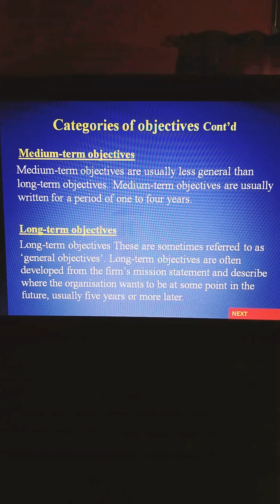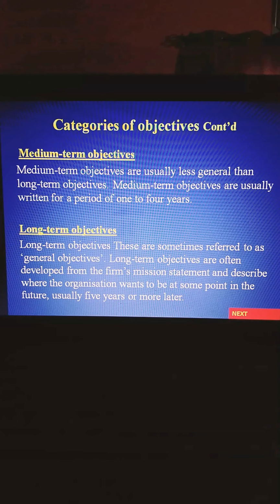Then look at the long term. Long-term objectives. These are sometimes referred to as general objectives. Long-term objectives are often developed from the firm's mission statement, which we'll be looking at later. So, mission statement, and we should be able to describe mission statement, describe where the organization wants to be at some point in the future.